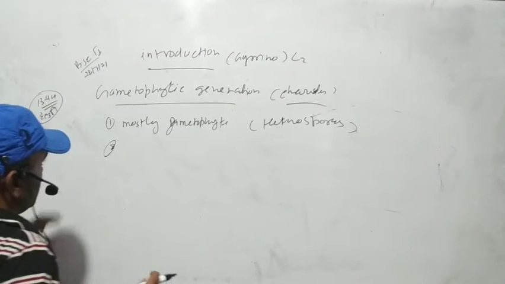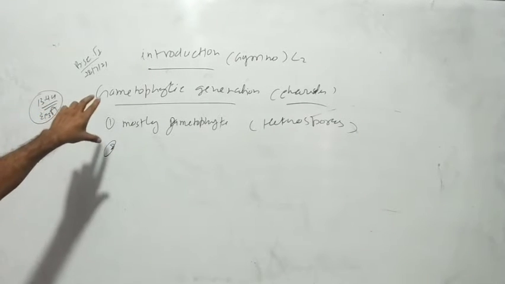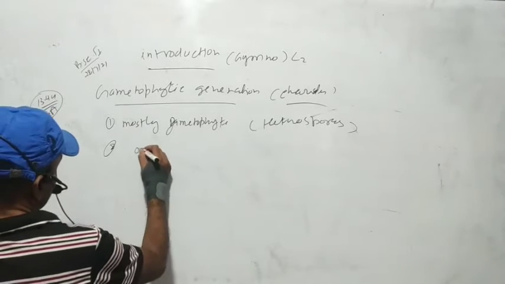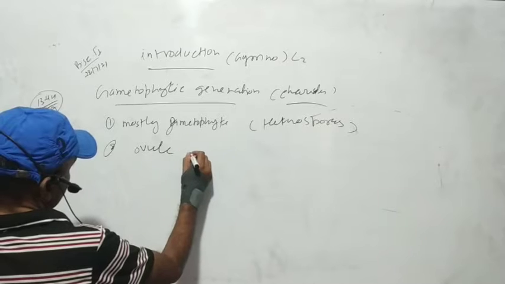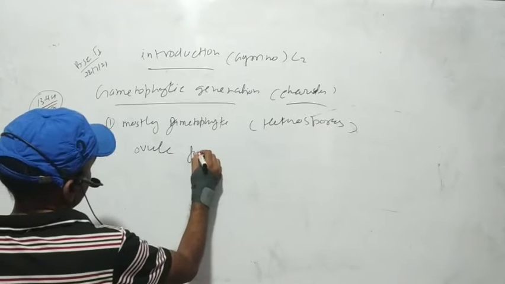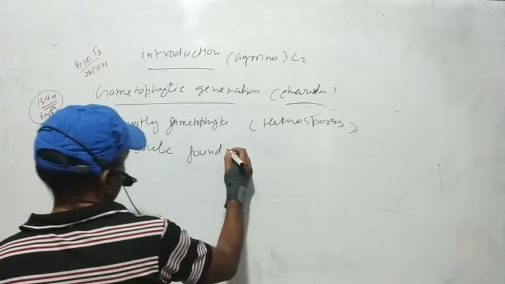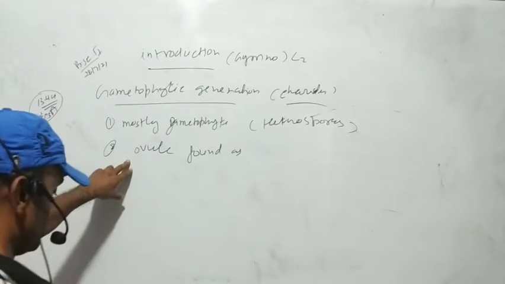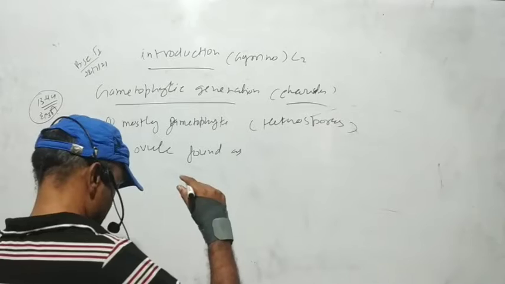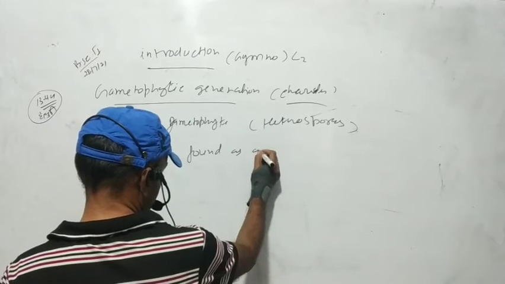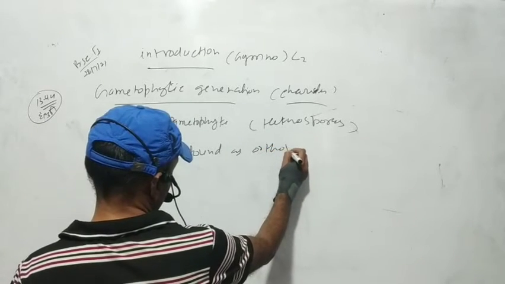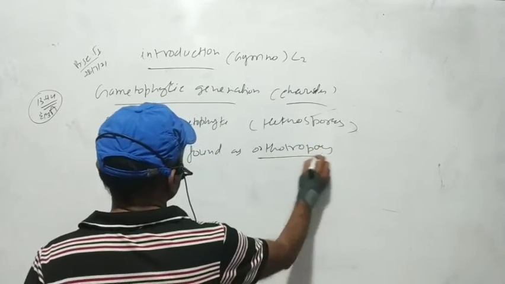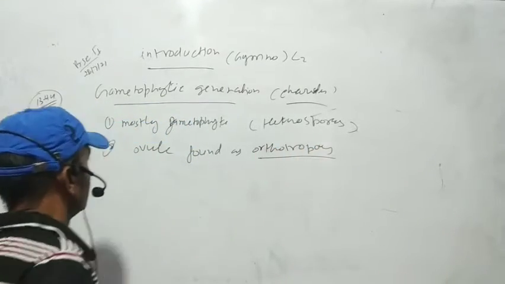And the next one: mostly in gymnosperm the ovule is found as orthotropous.